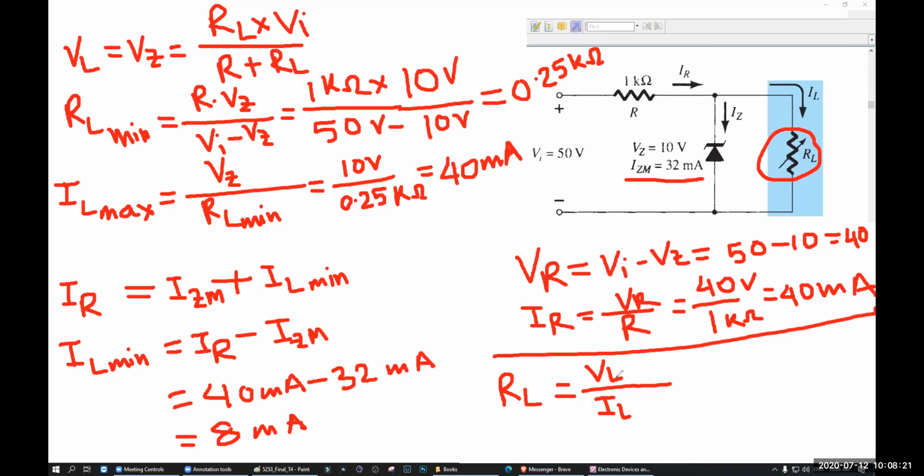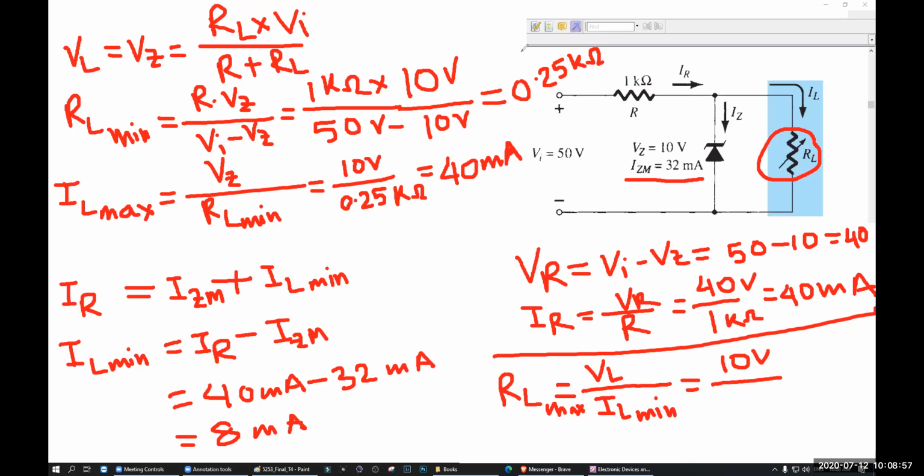Fixed 10 volt, right? Now here, we have to find out the maximum resistance. Now we already got the minimum current. So if this is minimum, this should be maximum, right? Why? Because IL current is lower. If current is lower, that means the resistance is bigger. Got my point?